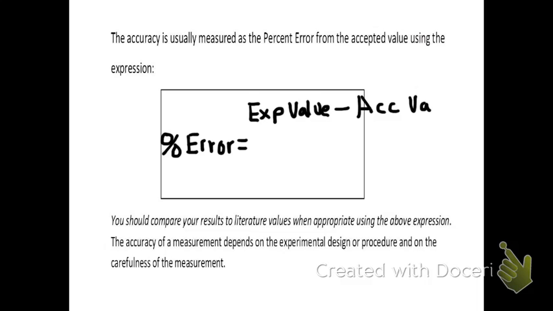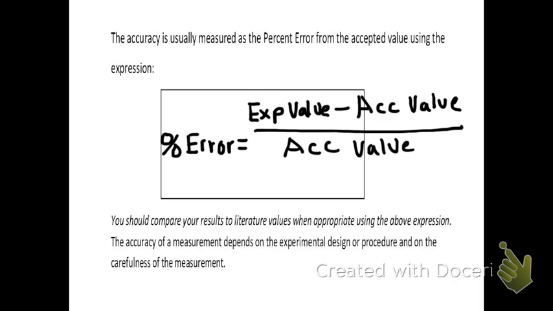Okay, so again, we take our experimental value, the value that we calculate in the lab, and we subtract it from the accepted value, and we're going to divide that by the accepted value. And then to get a percentage, we're going to multiply this whole thing by 100. So make sure you record this equation in your notes and memorize it.